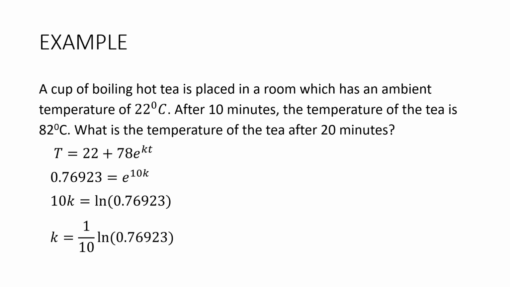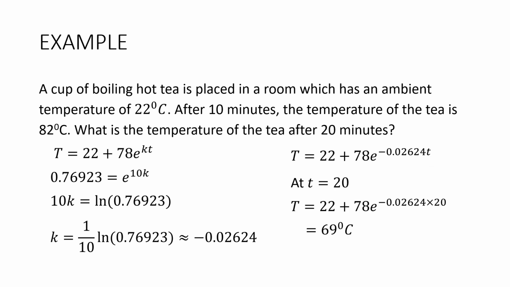Divide both sides by 10. k is approximately equal to negative 0.02624. And this is a good check for us because this is an example of decay, so our constant should be negative. All right, substituting that in. We want to answer the question, what is the temperature of the tea after 20 minutes? We substitute 20 for little t, and we get 69 degrees Celsius.